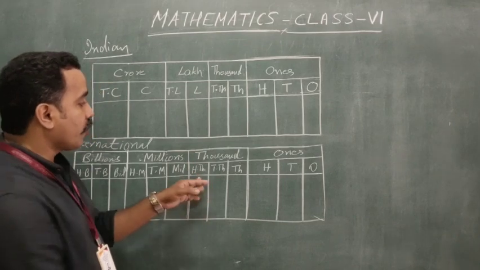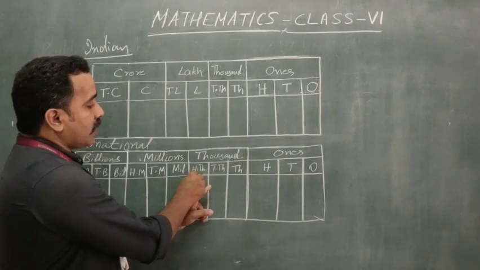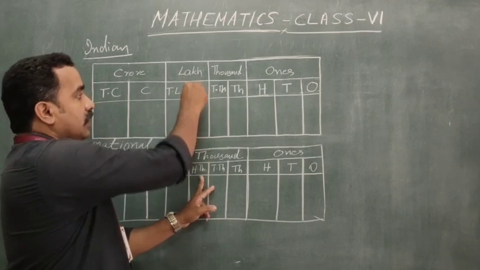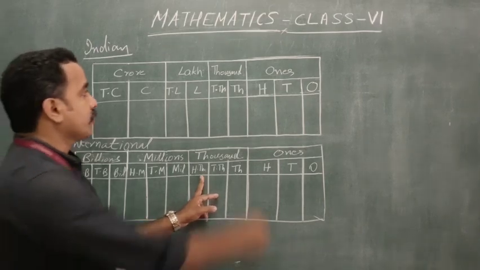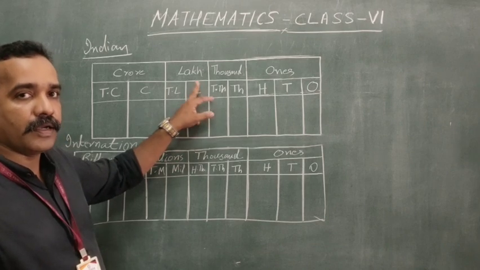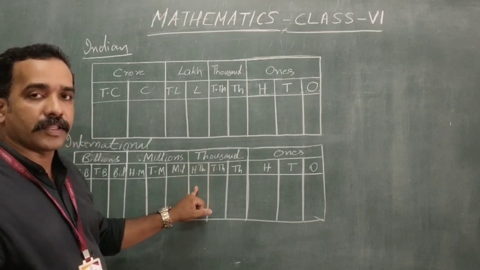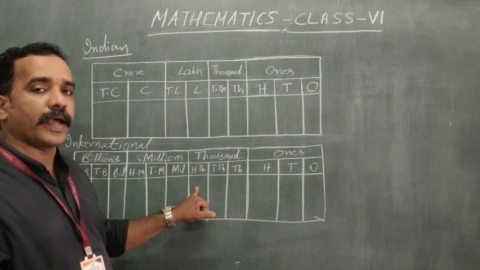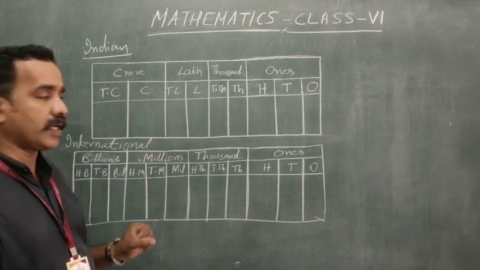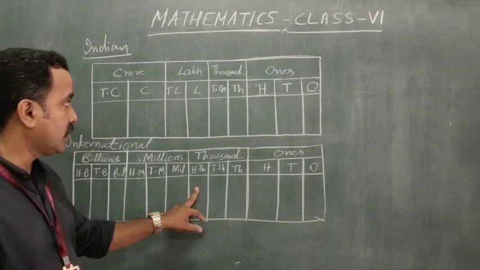So when comparing, at the 100,000 place, the Indian chart shows lakhs. That means instead of lakh, in the international chart we use 100,000. We know that 1 lakh is equal to 100,000.